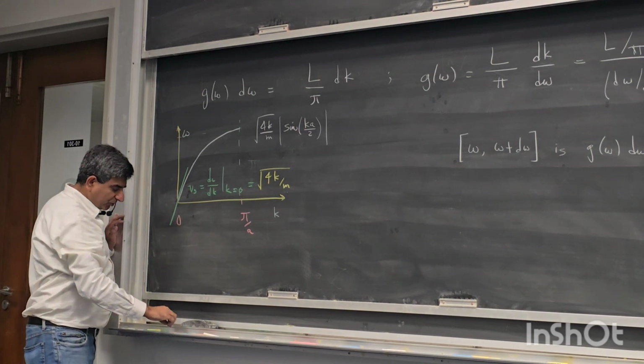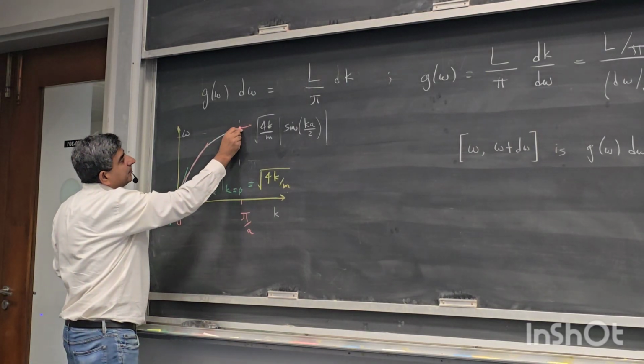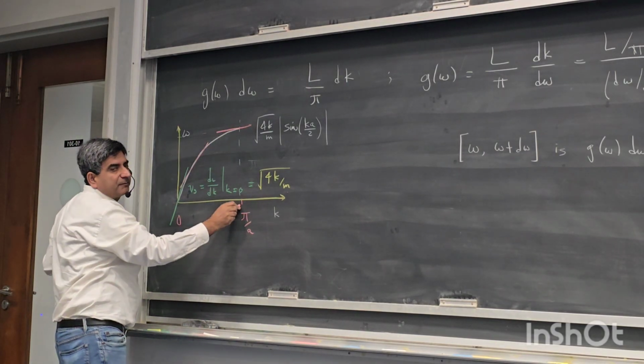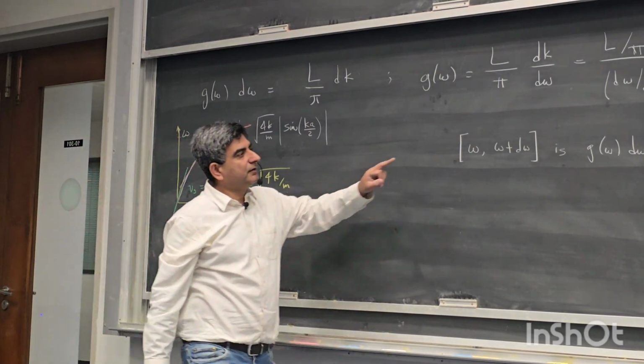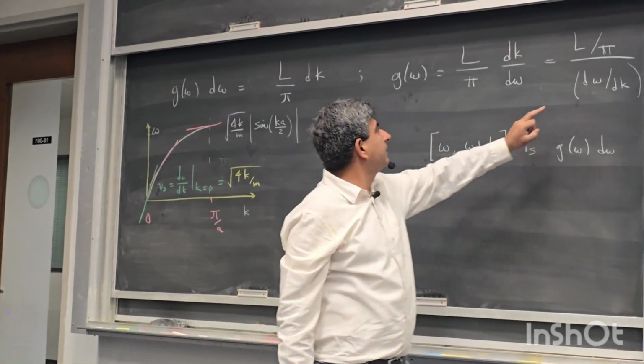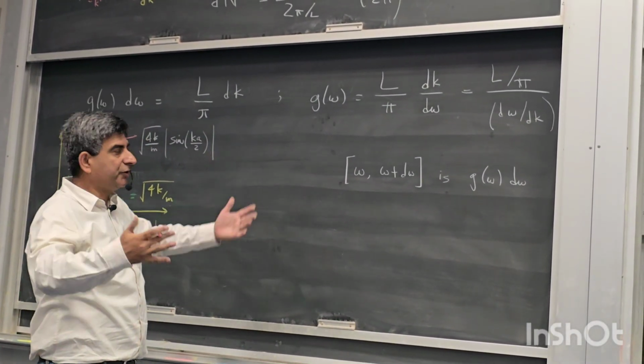And then the slope keeps on changing, right? Here the slope is different. At this point, the slope becomes 0. At the boundary of the Brillouin zone, at the zone edge, it becomes 0. So now you have 0 inside the denominator, so the density of states really blows up. There's a discontinuity.